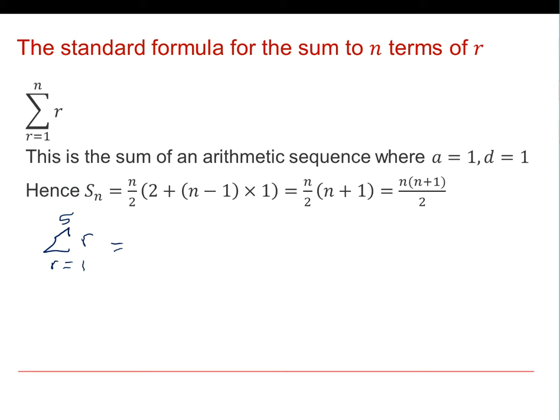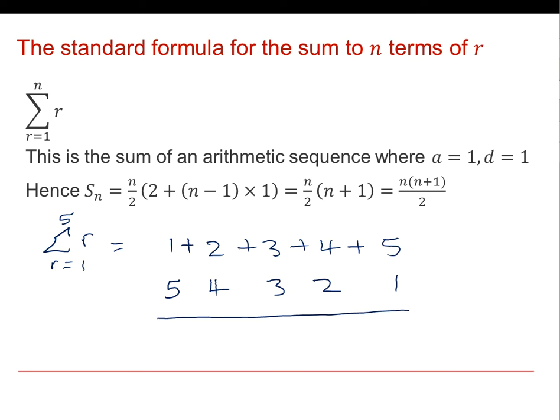That would give us 1 plus 2 plus 3 plus 4 plus 5. If we were to write that backwards, in other words 5, 4, 3, 2, 1, and then add those columns, we would have 1 and 5 would give us 6, 2 and 4, and so on. And that would give us 5 lots of 6.